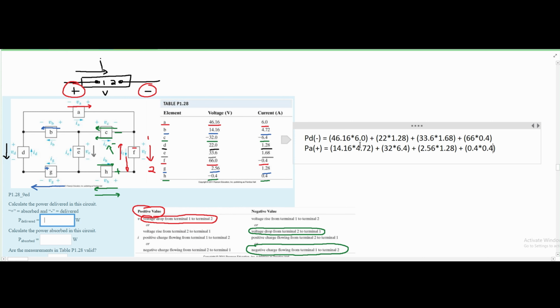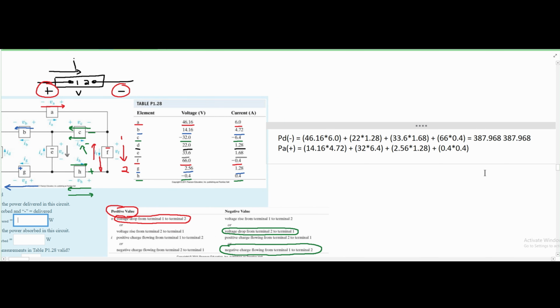Now all we have to do is plug all of this into a calculator. Remember not to use any of the negative signs that we were given in this table, because all they do is indicate voltage drop or rise, or the positivity or negativity of the charge flow. After we plug both of these into our calculator, for the PD or P delivered, this is the negative value, or the voltage and current going in opposite directions, we are going to get 387.968.